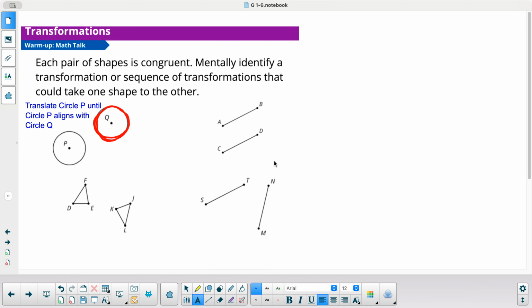All right, over here, same idea. It's basically just going to be a translation here. So if I start out with this, really you're just going to translate it.